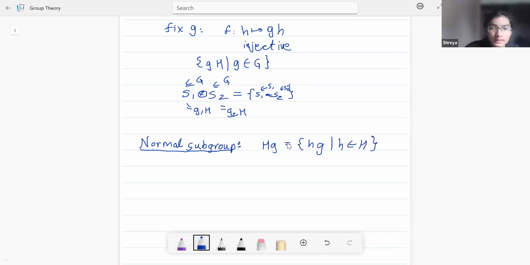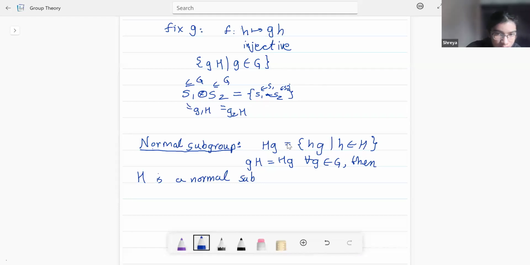If we insist that GH should be equal to HG for all G, then H is a normal subgroup. This is kind of a weird definition for now.